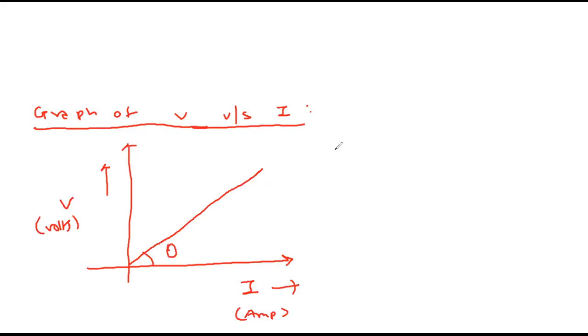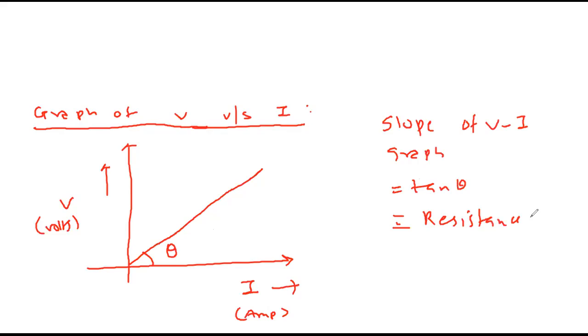If this angle is theta, what is tan theta? Any specific name for tan theta? Slope. So can I say the slope of the VI graph, which equals tan theta, is nothing but resistance? Its resistance R. So the slope of the VI graph is called resistance.